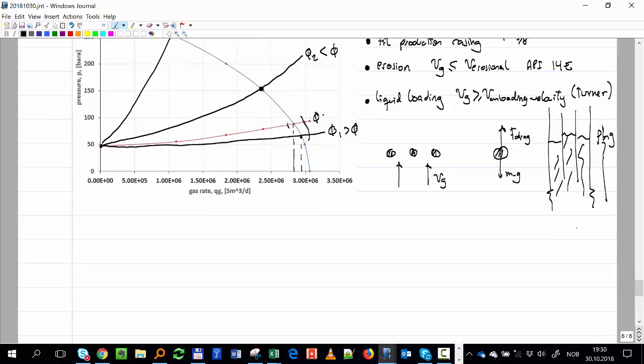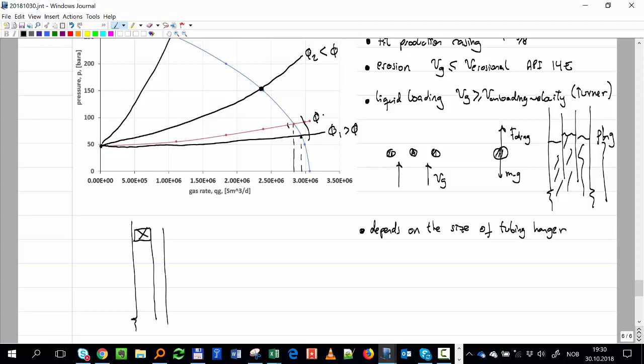There is one thing that depends on the size of the tubing hanger. Okay, if you remember, we had our tubing, right? And we have here at the top, with the casing, something that is called the tubing hanger.